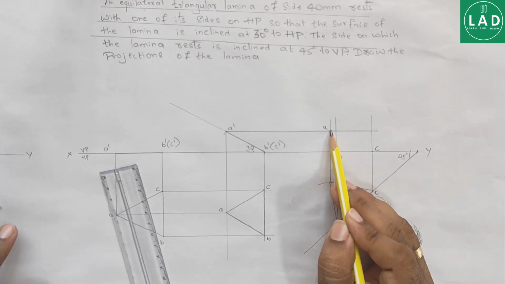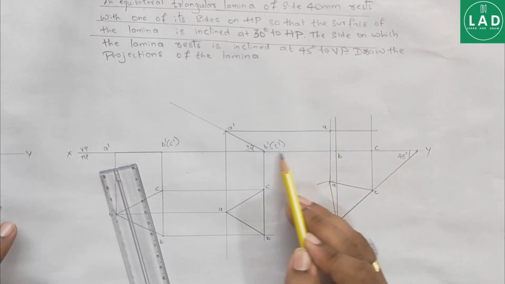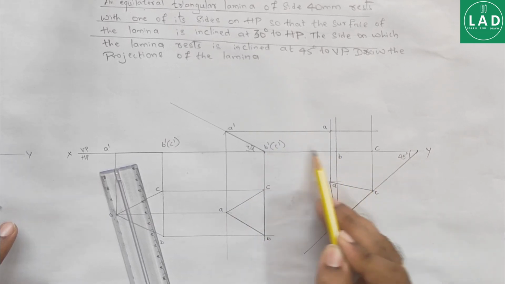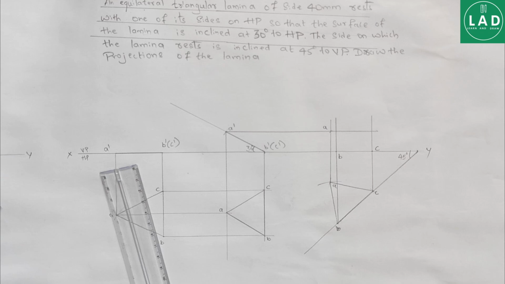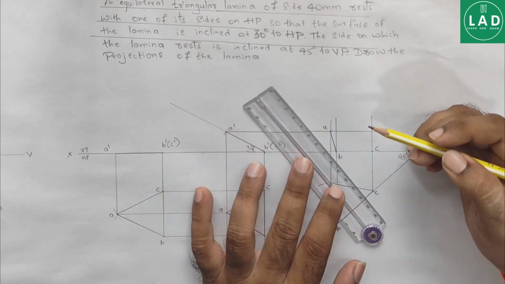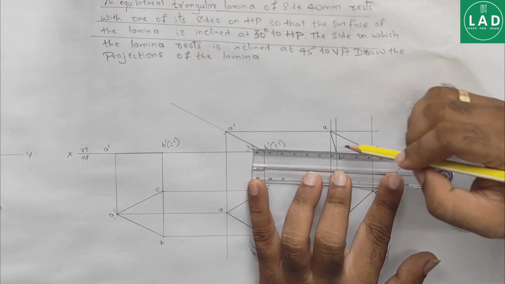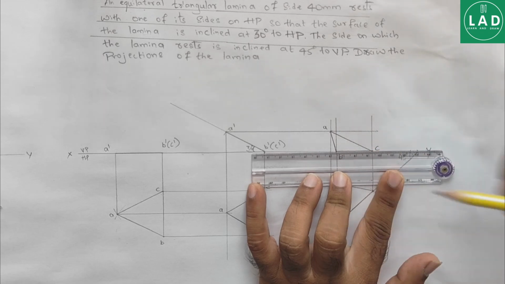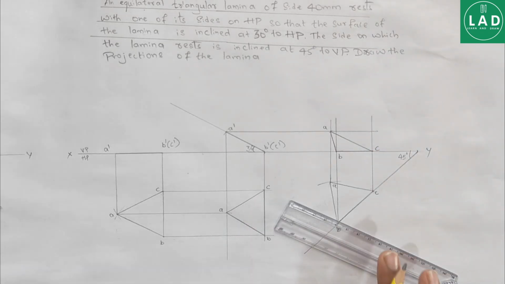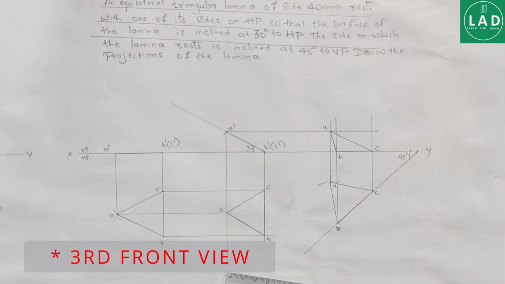So A will intersect here, B will intersect here, and C will intersect here. So I have marked the 3 points. Let's join the lines. So this is our third front view.